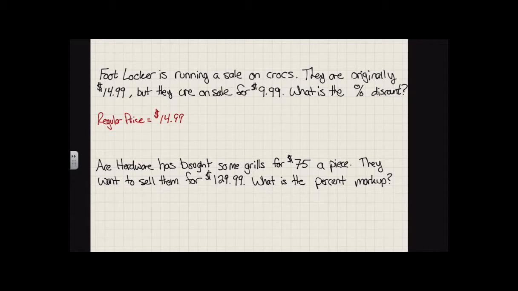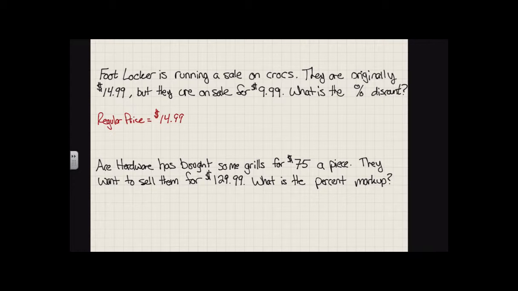Okay, and what is my discount? Not the discounted price, but the discount. There's a difference. What is the discount? How much money am I actually saving? $5? What do you think?